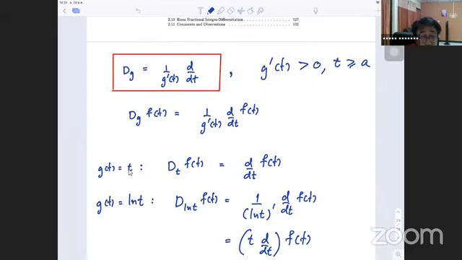If g(t) equal to t, this is the usual derivative of Newton. And if g(t) equal to log t, this is the delta derivative.